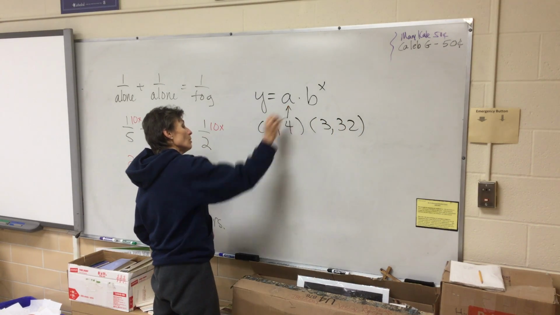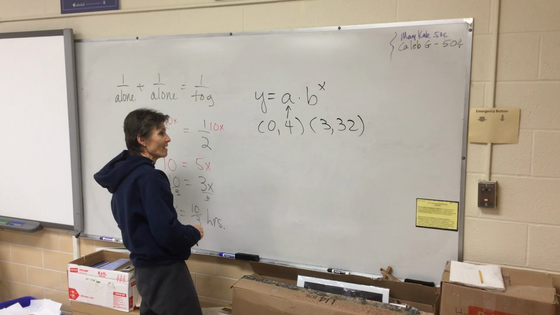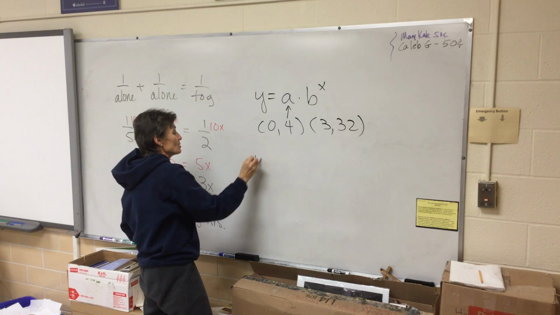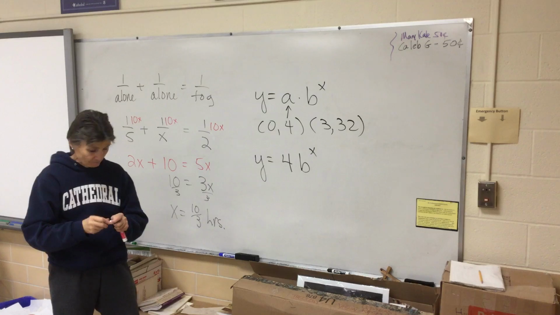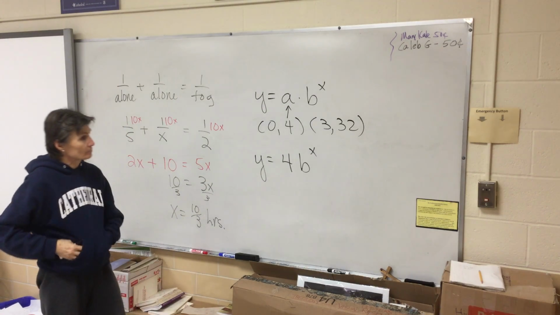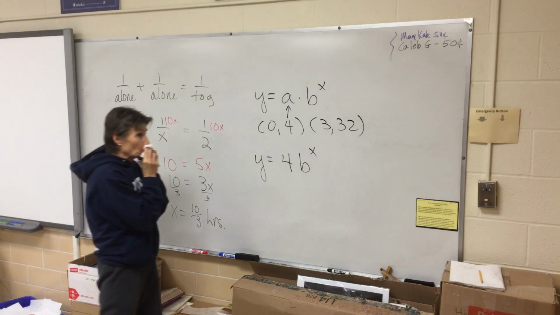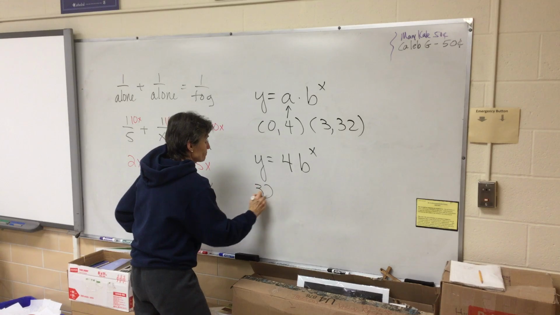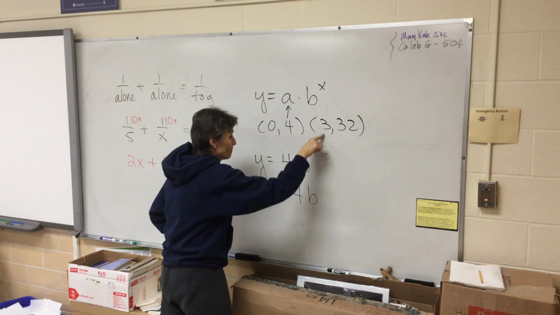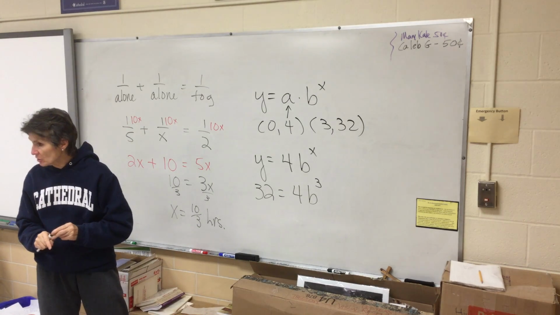We know always that the number paired with the 0, the initial value, is a. So we have 4b to the x. Now I'm going to plug in my y value and my x value, and now I'm going to solve this.